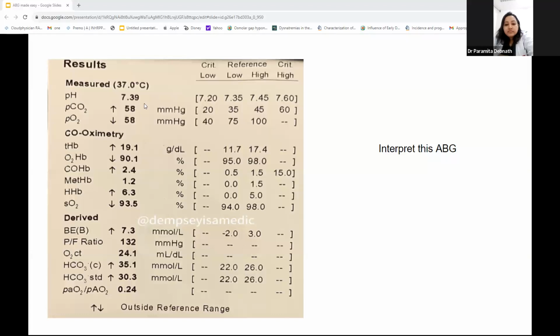So I think that is right. So you have respiratory disorder here. Your CO2 is high and pH, though pH is normal, but it is respiratory acidosis. And there is some amount of metabolic compensation that is happening because bicarb is also high.